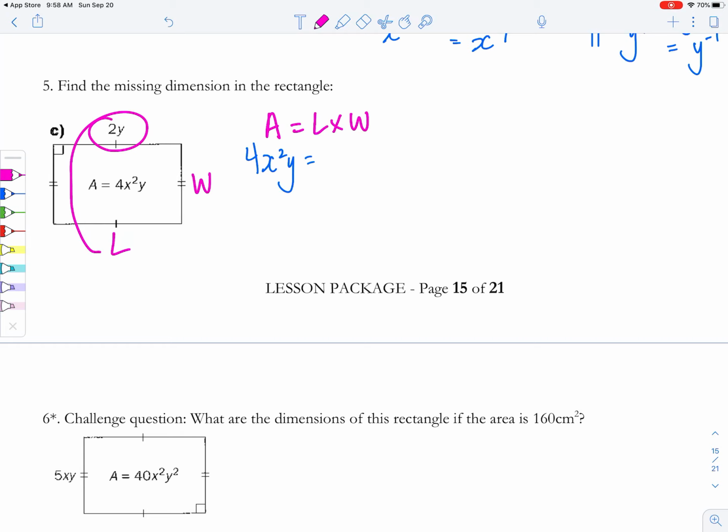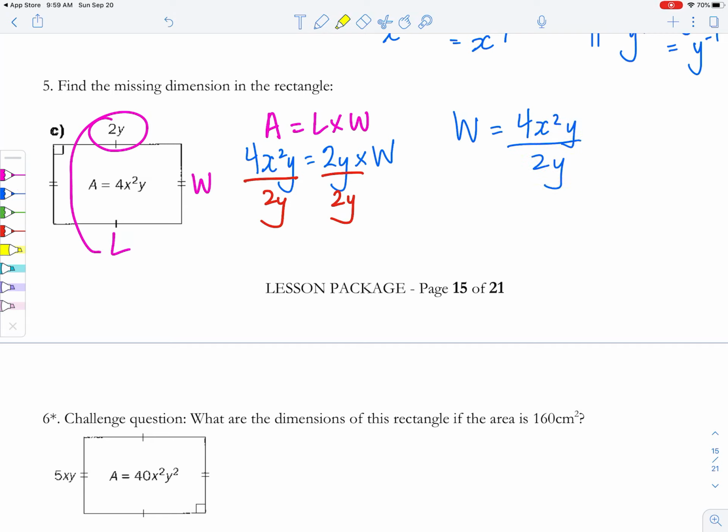We know that it's 2y. And then the missing dimension is going to be w. If we want to get w by itself, we're going to have to divide both sides by 2y. When we do that, if I rewrite it to make it a little clearer, we get w equals 4x squared y divided by 2y.